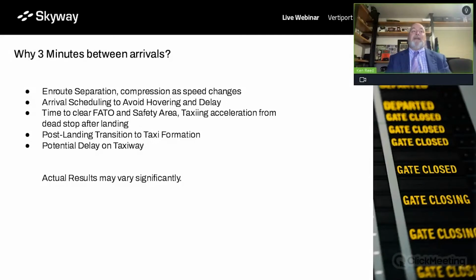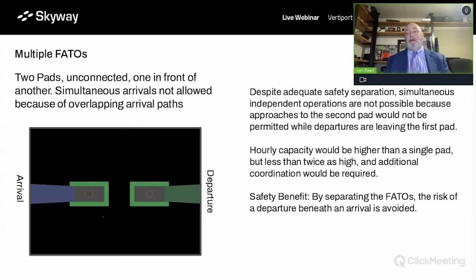Some of them are going to transition from vertical flight to horizontal flight before they begin taxiing off the FATO. Also, there might be potential delays on the taxiway. So there might be a flight that can't leave the FATO because there's another aircraft passing by on the taxiway. Again, actual results may vary significantly based on aircraft type and other factors.